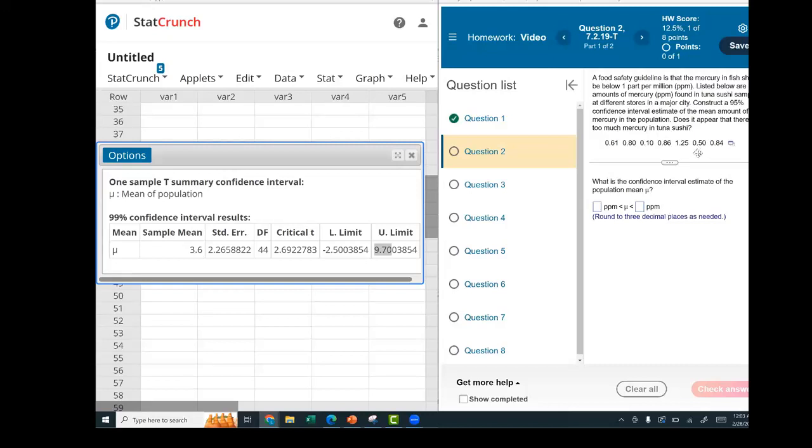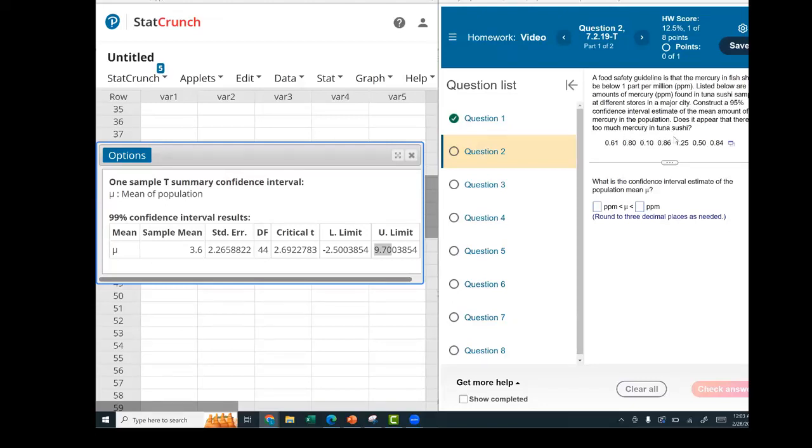Okay. Now it says a food safety guideline is that the mercury in fish should be below 1 part per million, ppm. Listed below are the amounts of mercury in parts per million found in tuna sushi sampled at different stores in a major city. Construct a 95% confidence interval estimate of the mean amount of mercury in the population.